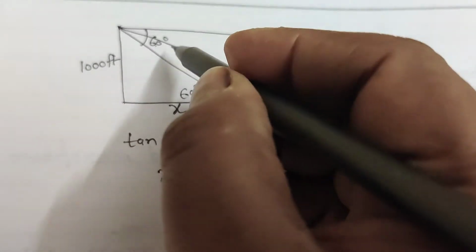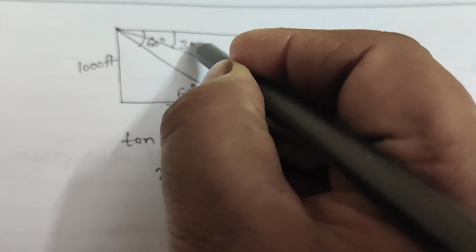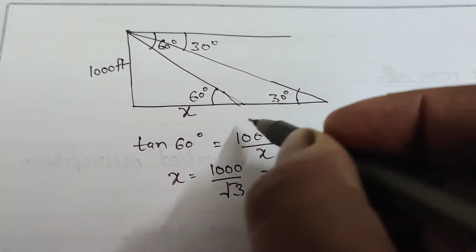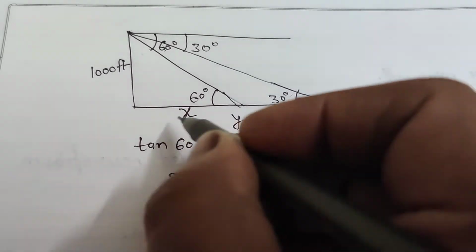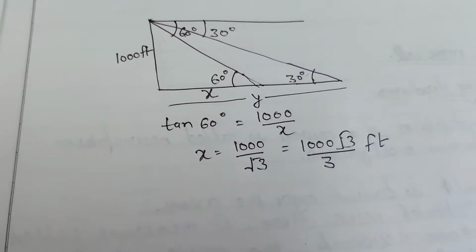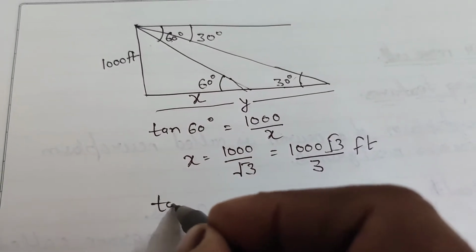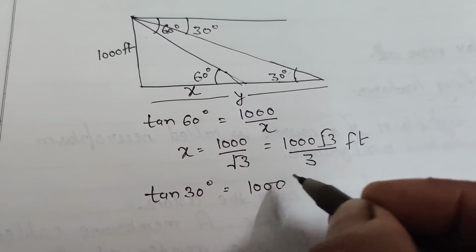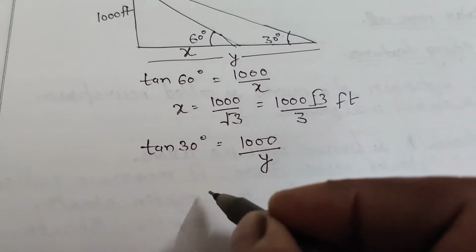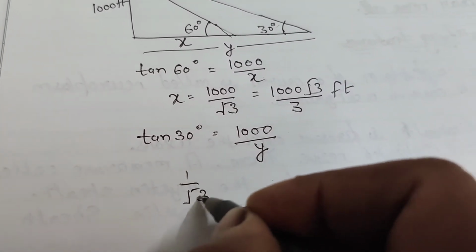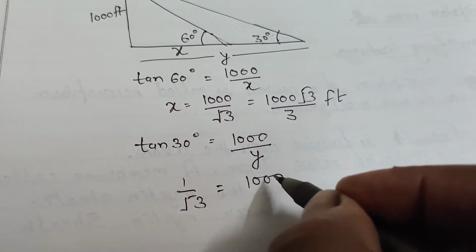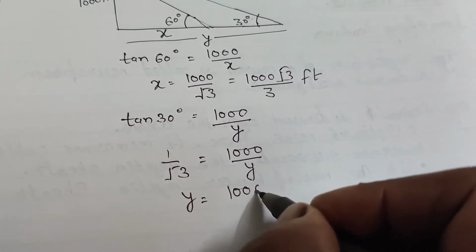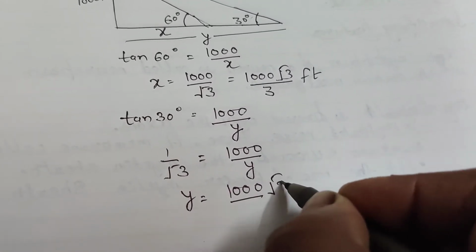If the angle of depression becomes 30 degrees, it means here is angle 30 degrees, and the distance from the island is y. Now tan 30 degrees equals the height, which is the same 1000, by y. Tan 30 degrees is 1 by root 3, equal to 1000 upon y. It means y equals 1000 root 3.